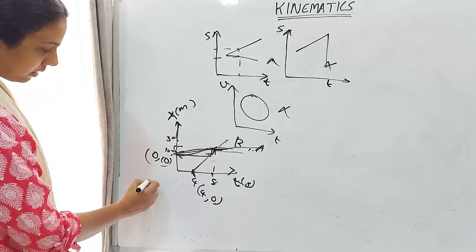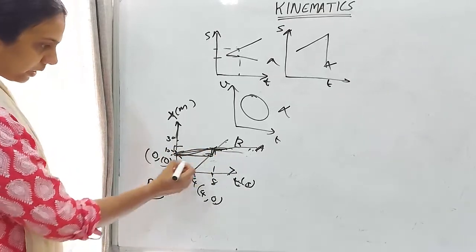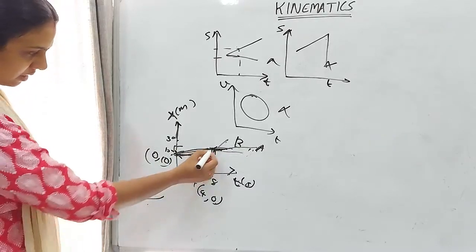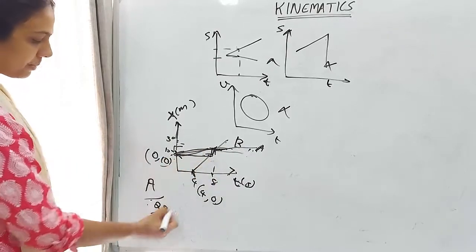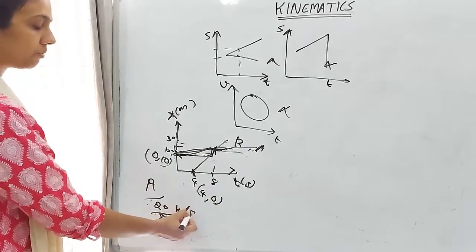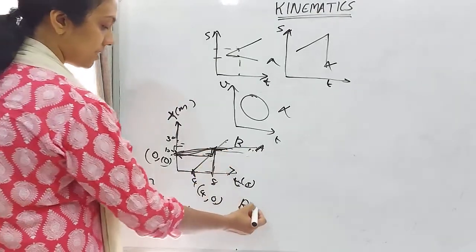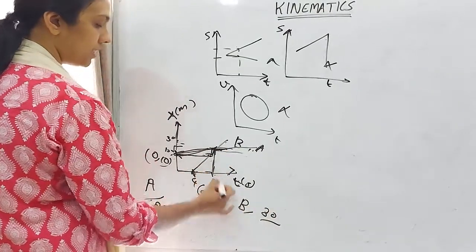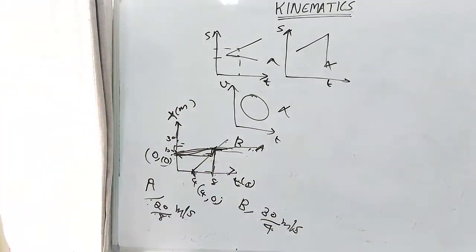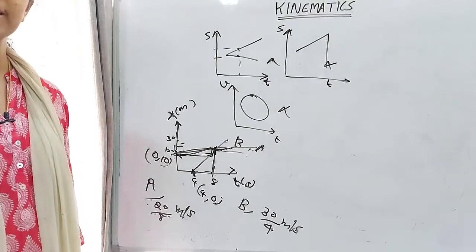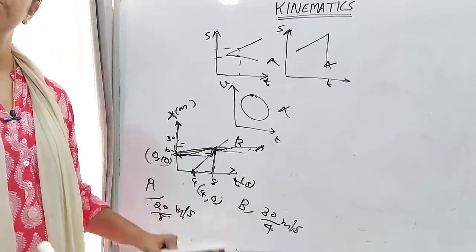For A, it is 20 divided by 8, so 20 by 8 meter per second. For B, the distance traveled is 30 divided by time 4, so 30 by 4 meter per second. This will be the velocity. So from a displacement time graph, how can we find the velocity? By taking the slope of the graph. The slope of a displacement time graph will give you velocity.